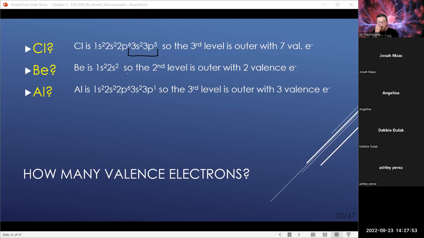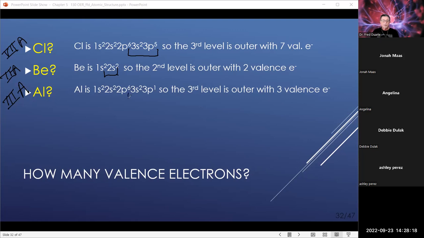Right on. Beryllium has 2 valence electrons, which is in the 2A group, and chlorine was in the 7A, Roman numeral 7A. Aluminum has 3 valence electrons. It is in the Roman numeral 3A group.